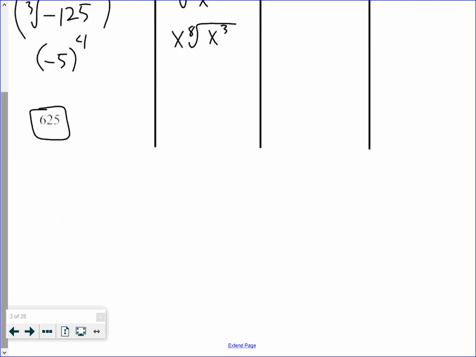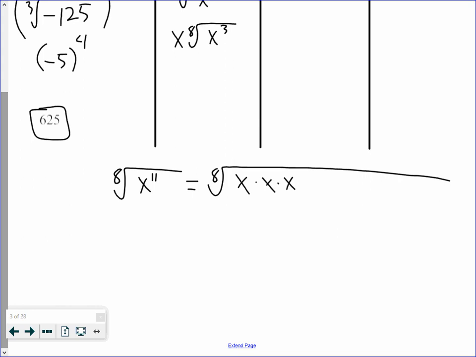Another way to think about this is that the 8th root of x to the 11 is the same thing as writing out the x's one by one, 1, 2, 3, up to 11. X to the 11th power is the same thing as multiplying x 11 times, right? So now we want to take out groups of 8 into the front to simplify this expression.